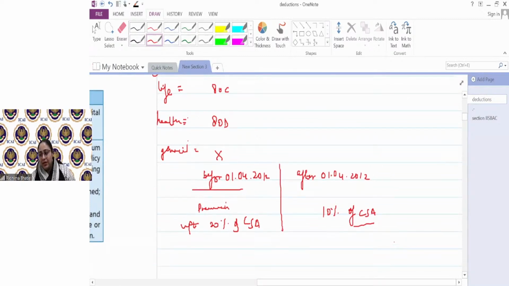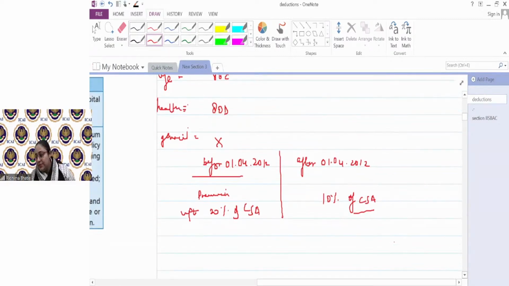But here there is one thing: for specified diseases and disabled persons taking policies, if the policy is taken after 1st April 2013, premium up to 15% of capital sum assured is allowed.